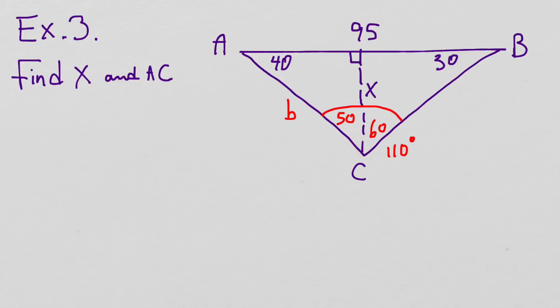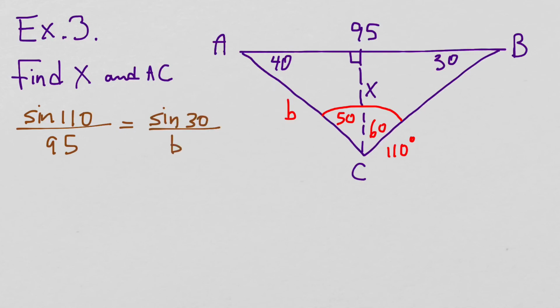So let's write that out. Sine of 110 over 95 should equal sine of 30 over little b. All right, that will work. So b sine 110 equals 95 sine 30.